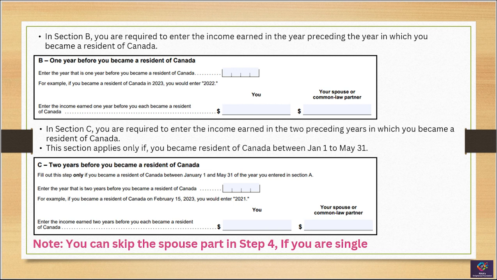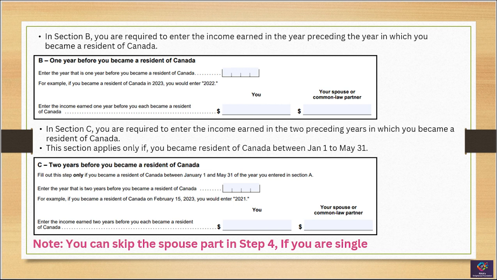For instance, as per our example, the date of landing is 5th May 2023, which is before 31st May. So accordingly, you need to fill Section C with income of 2 years before the year of landing, that is 2021. In case your date of landing was 5th June 2023, which is after 31st May, there is no need to fill up Section C. Leave it blank. Accordingly, you provide only the information related to 2023 and 2022.